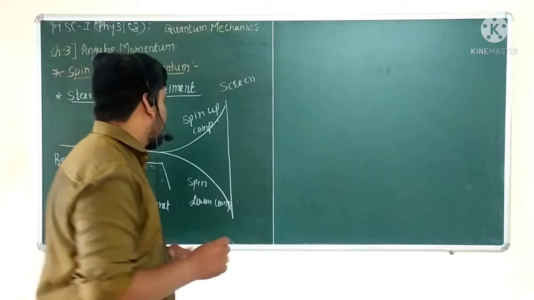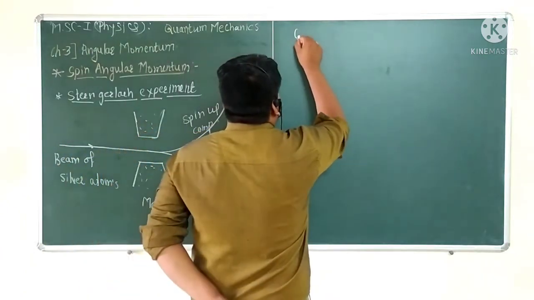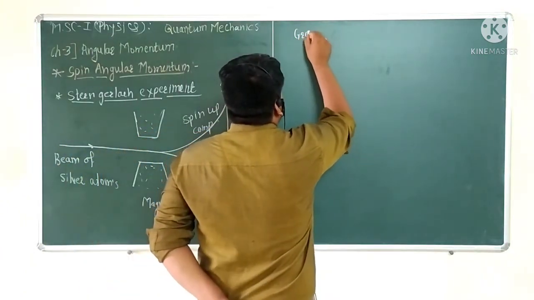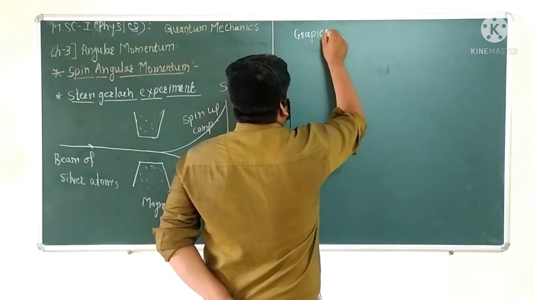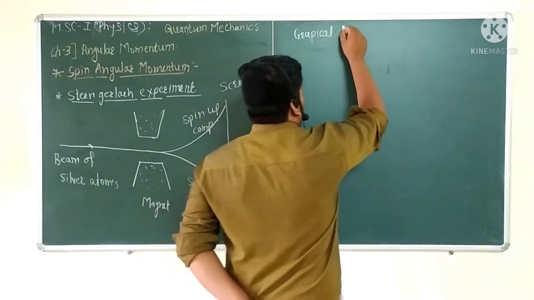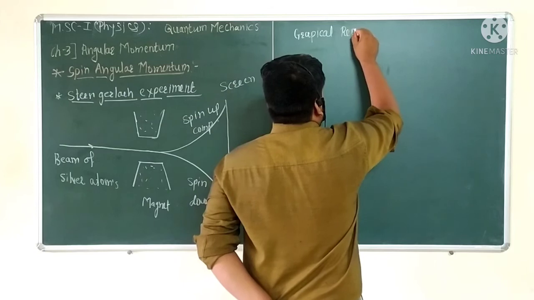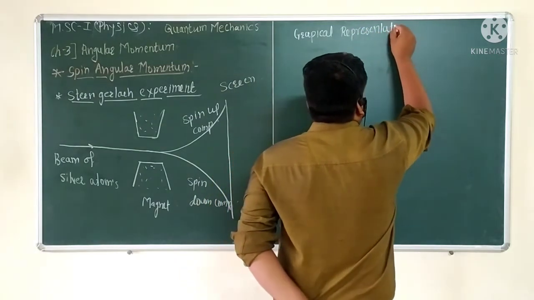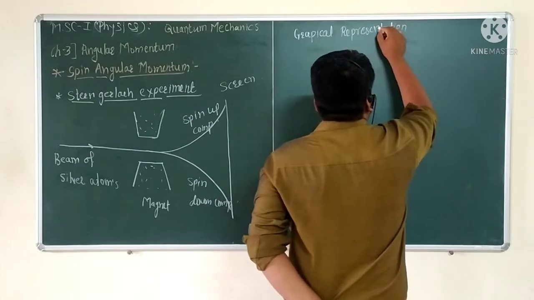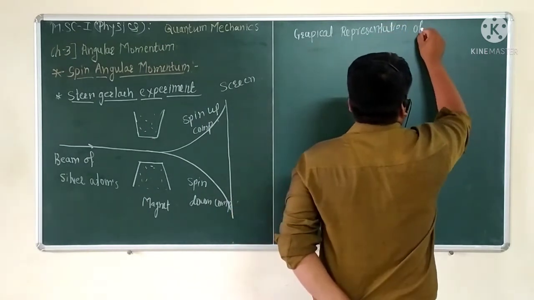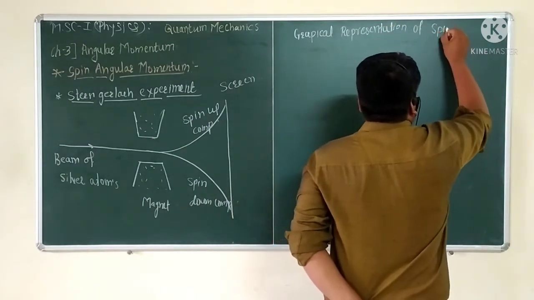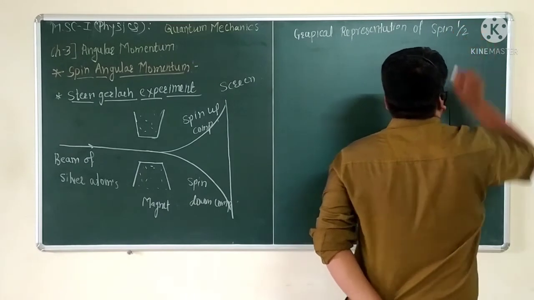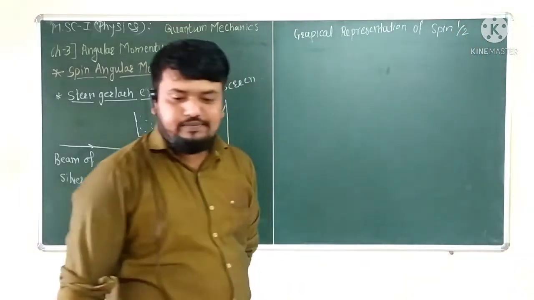Graphical representation of the spin half. What is this graphical representation?